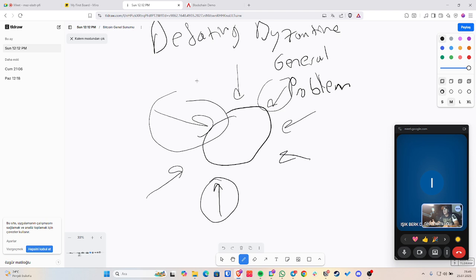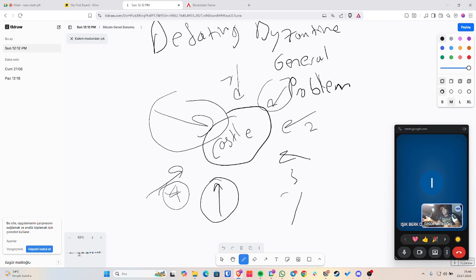But let's say one, two, three, four army corps are attacking the castle. So we have won the war.